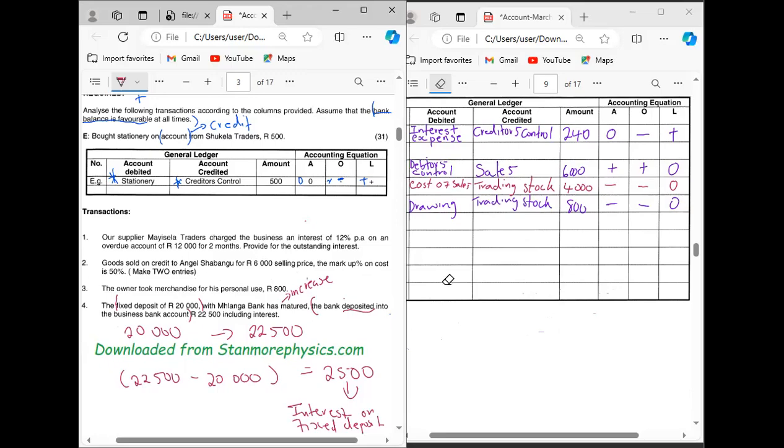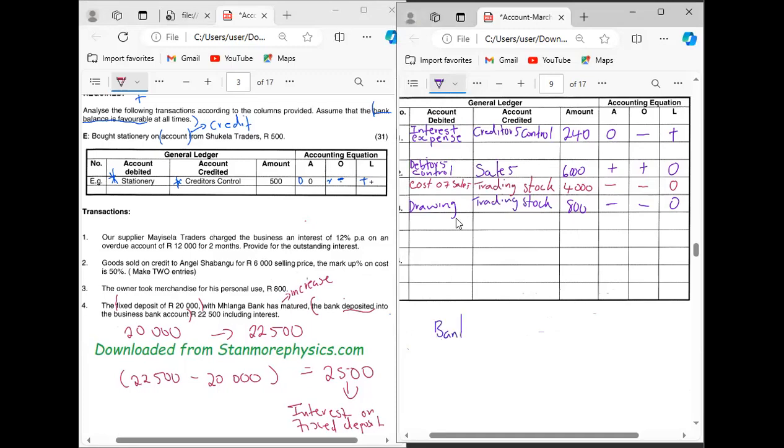Meaning guys, we need to have another two accounts. The money came into our bank account, so we have bank, and the money that came into our bank account is interest on fixed deposit. Then we need to have interest on fixed deposit.